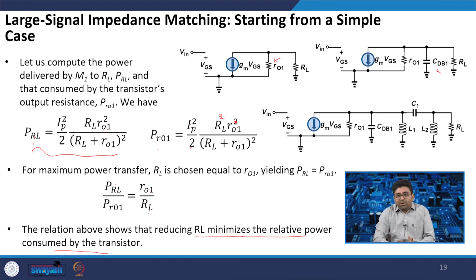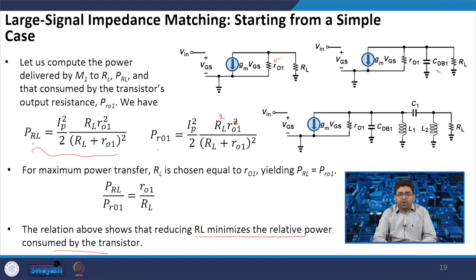Here a trade-off comes between the maximum power transfer and the efficiency that we want to achieve. We need to make sure that maximum power transfer happens and also that we get maximum efficiency.